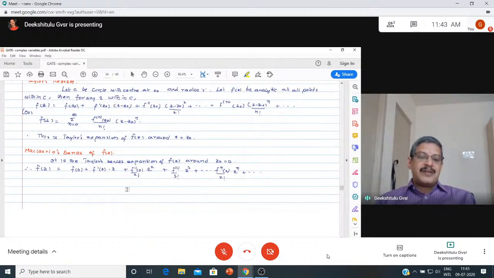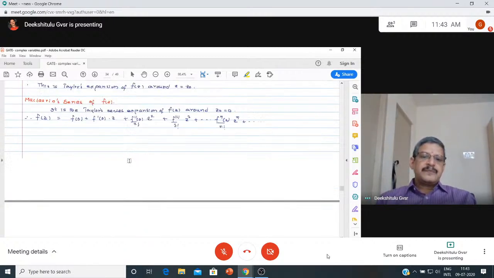This is very important because for any function, if you know the function value f of 0, f dash 0, f double dash 0, you can write the function as an infinite series. That's how e power z, sin z, cos z, sinh z, cosh z, name anything, any function, the expansions of such functions are derived from Maclaurin series expansion only.